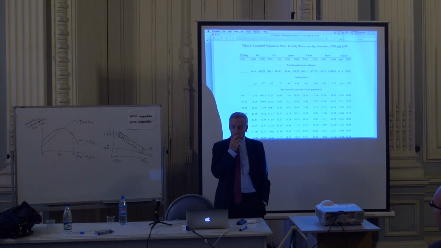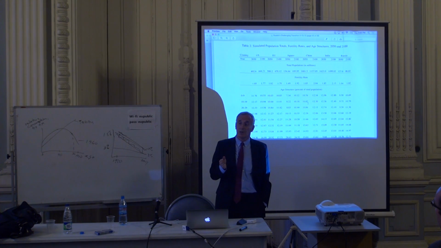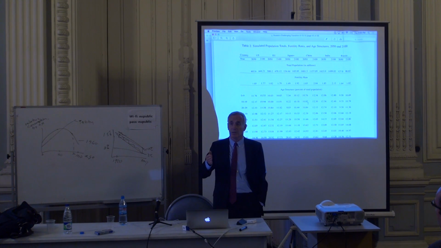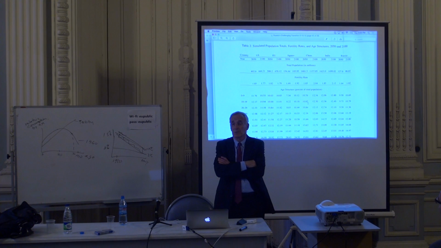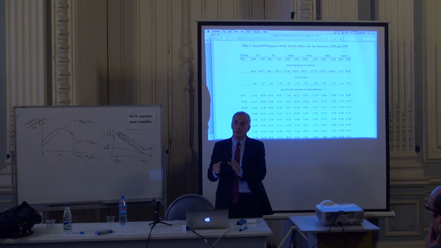Is that like immigration? Well, there is immigration here, and there's an age distribution of the immigrants. So that's part of the story. Because we don't see this in the United States case, like whether the death rate in the United States is higher or there's more immigration in Russia. Well, the death rate in Russia is higher, and indeed we can't do a great job replicating your age distribution of older people.